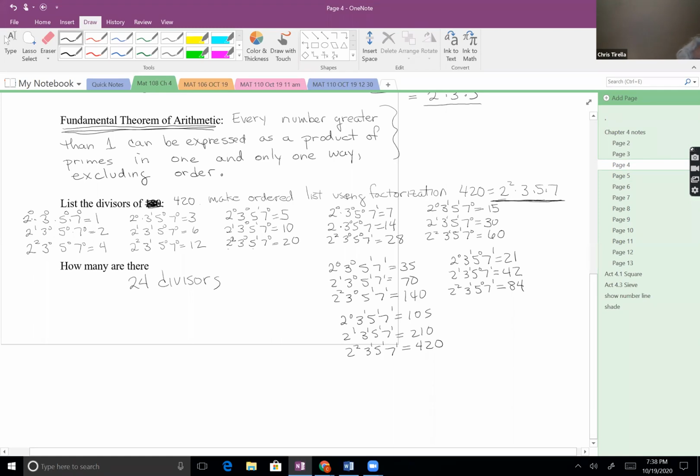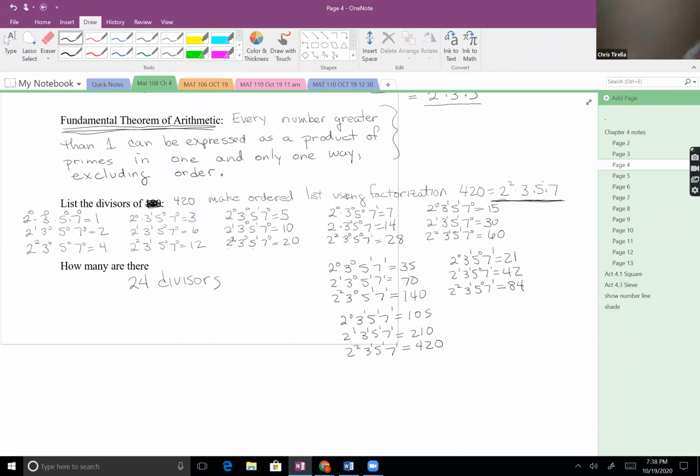Then I substituted in whole number exponents up to the exponent in the prime factorization, but I can't go higher than that. The highest power on 2 is 2. The highest power on 3 is 1. The highest power on 5 is 1. The highest power on 7 is 1. And I have to take all of the numbers from 0 up to those exponents to get those divisors.